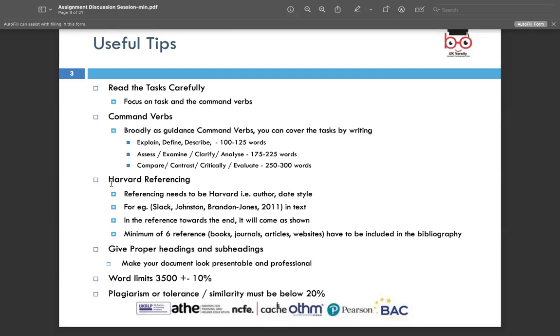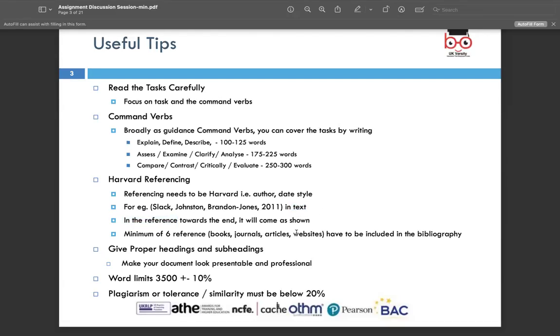Then we talk about the reference system. Ensure your references follow the Harvard style: author, date, and style. For in-text citations, if you see here, Slack, Johnson, Brandon, this is within the text. The reference style is: Operations Management, 7th edition, Pearson Education.